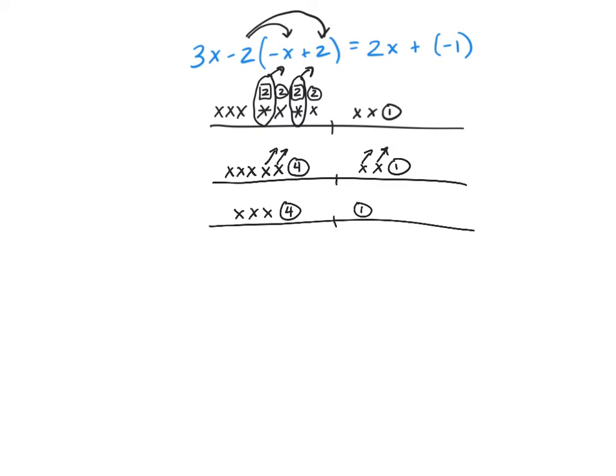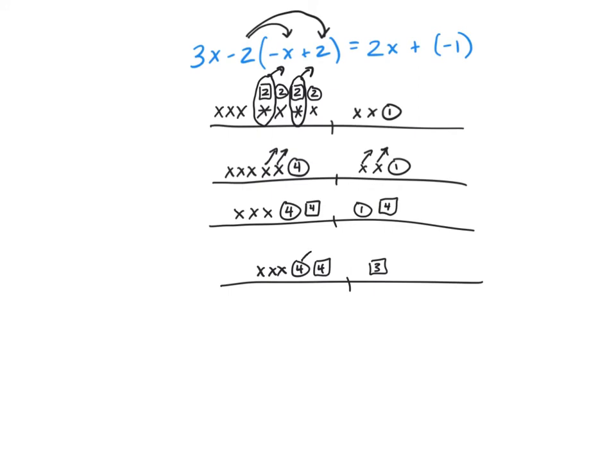And I want to get the x's on one side and the numbers on the other, so I'm going to have to get rid of that negative 4. To do that, I'm going to add a positive 4 to both sides. And here's what I now have: 3 x's, a negative and a positive 4, and a negative 1 and a positive 4 gives me a positive 3 because one of these negatives cancels out one of these positives.